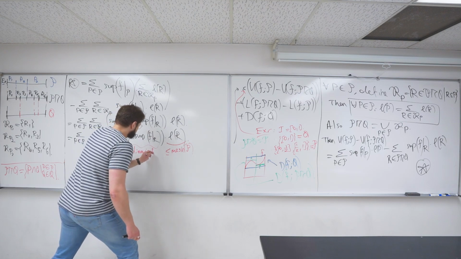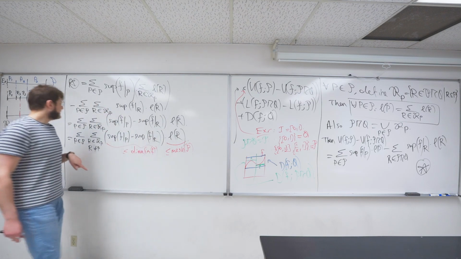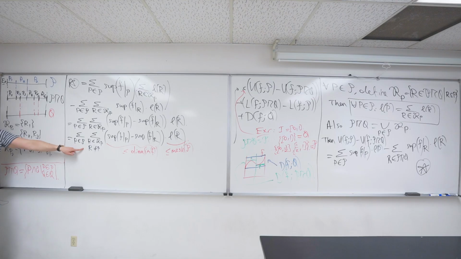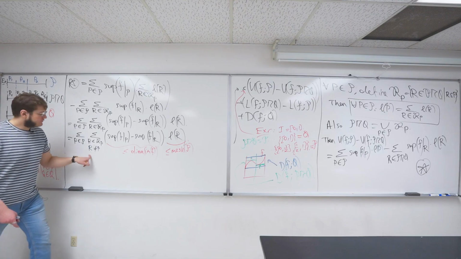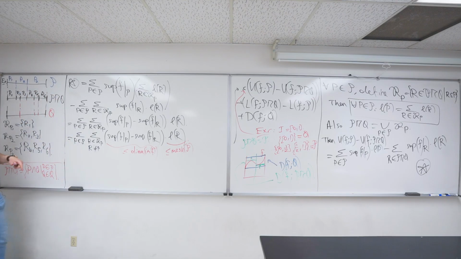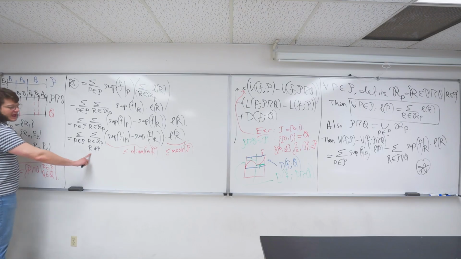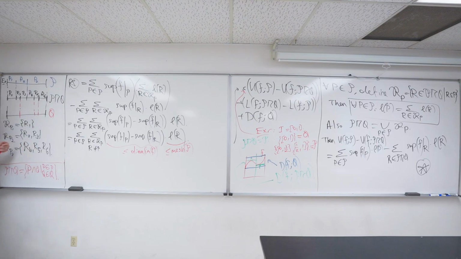Diam of the image of f. And finally, how many R's like this are there in total? Well, the only way this can happen, R a proper subset of P, is if you're in a situation like this. Meaning, the only way this can happen is if there were some cut points in the other partition, Q, that sliced the original pixel in P in two.